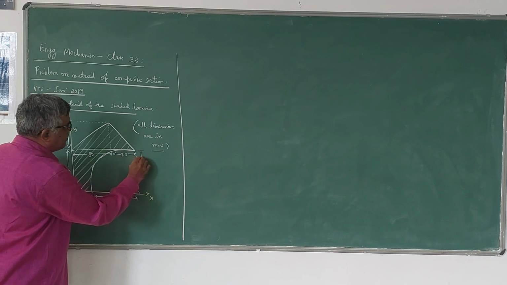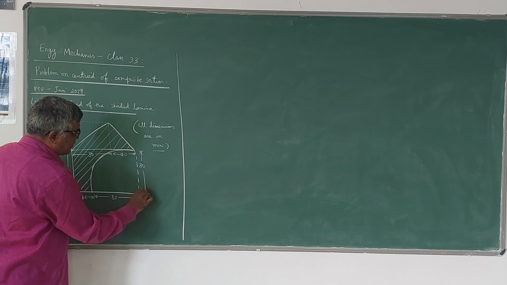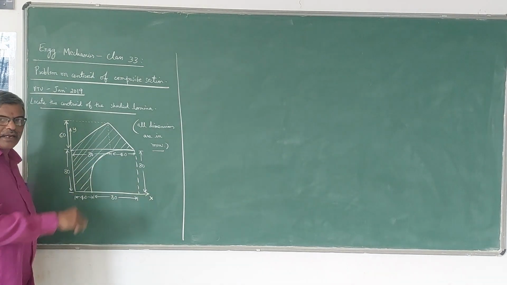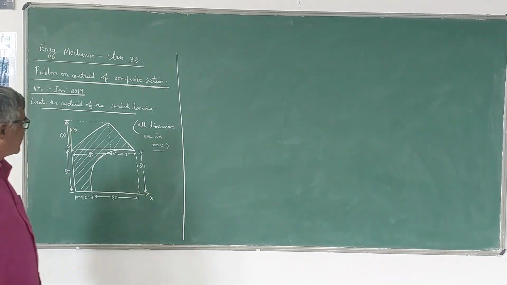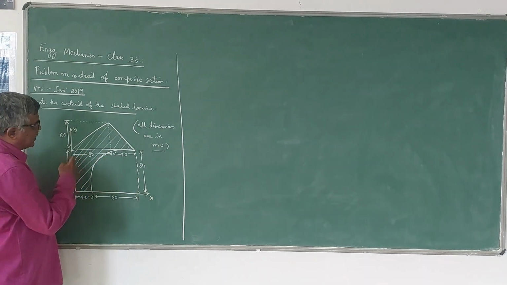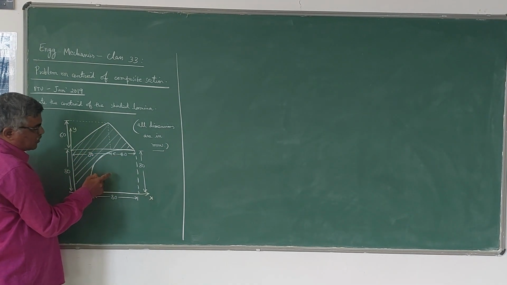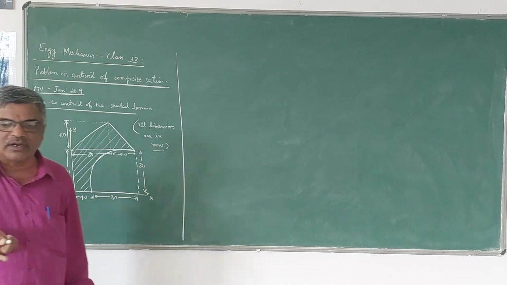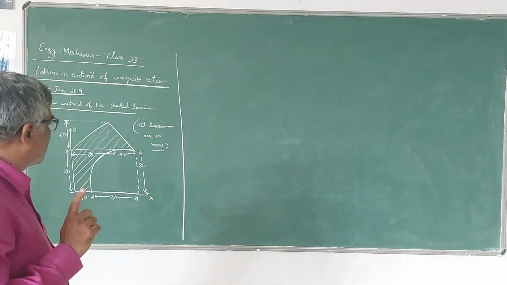So this is also 80 mm. The quarter circle with radius 80 mm is cut out from this entire section. That means it consists of totally 4 simple sections: one rectangle, 2 triangles, and 1 quarter circle. Out of that, the quarter circle is a cutout portion or a hole.